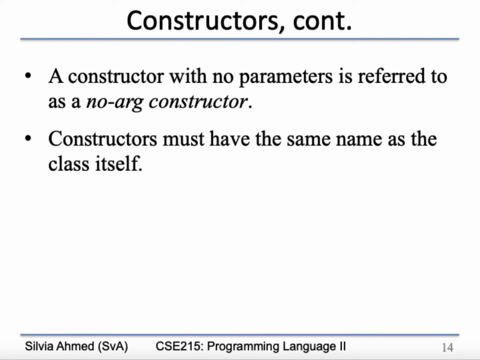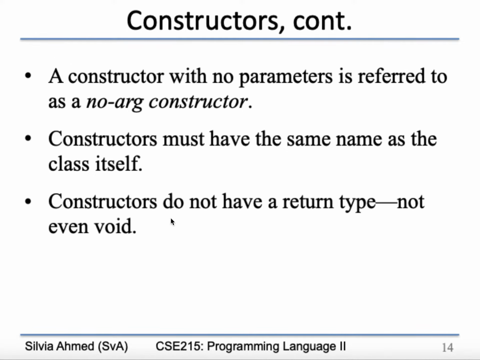This is how the compiler understands which one is a regular method and which one is a constructor. Also, while writing a program, we don't need to find out separately what the constructors are for each class. By rule, we know the constructor name and the class name are exactly the same.